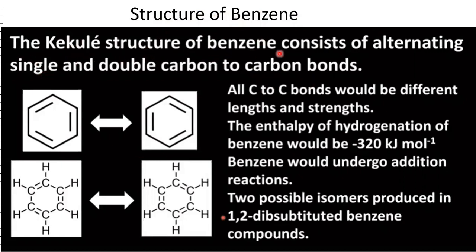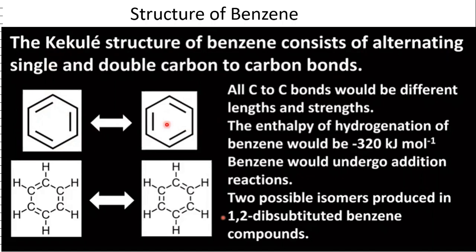The Kekulé structure of benzene consists of alternate single and double carbon to carbon bonds. So Kekulé derived the structure. According to him, the benzene structure is like this, where there are alternate single and double bonds in the C6H6 formula.